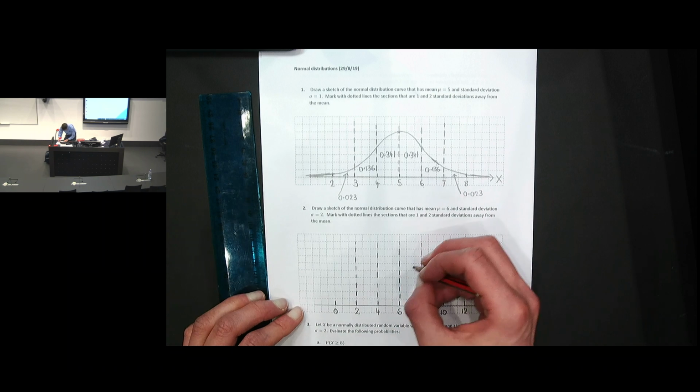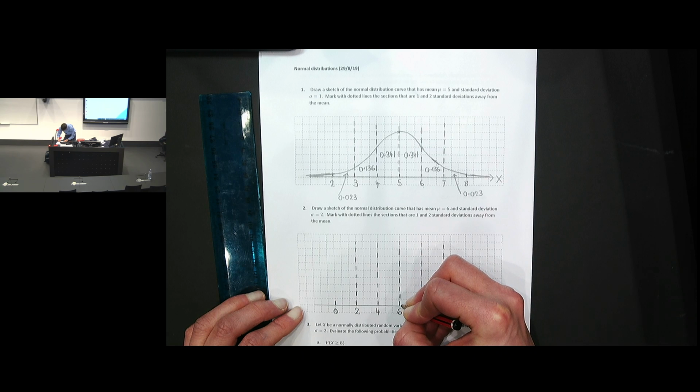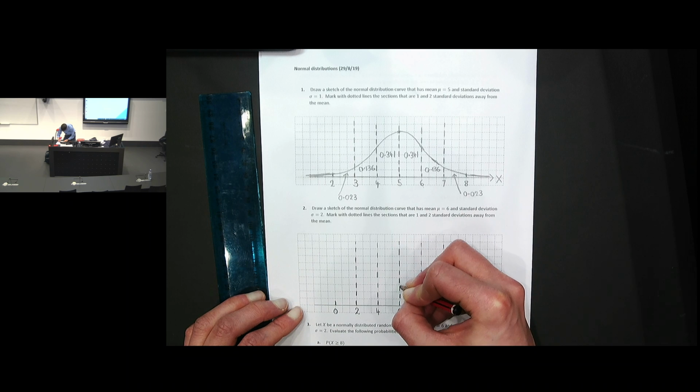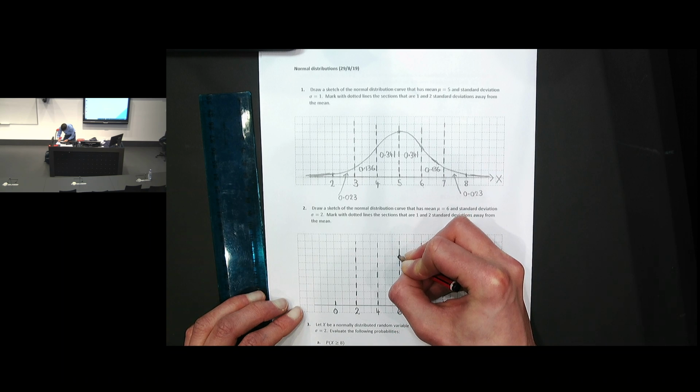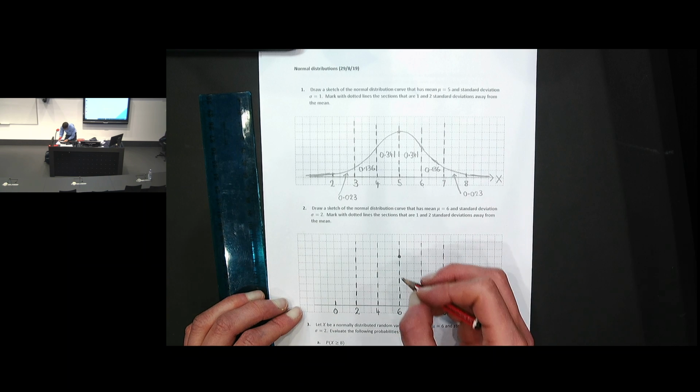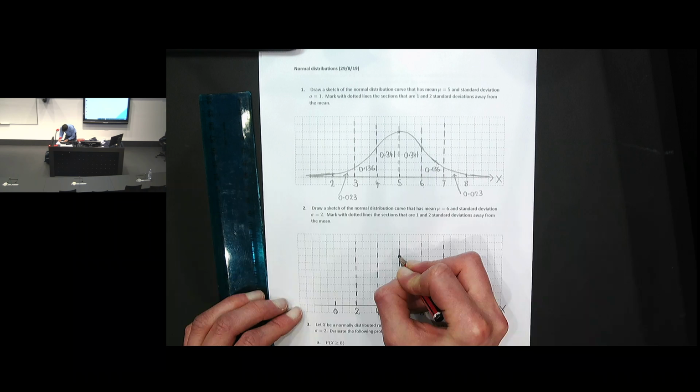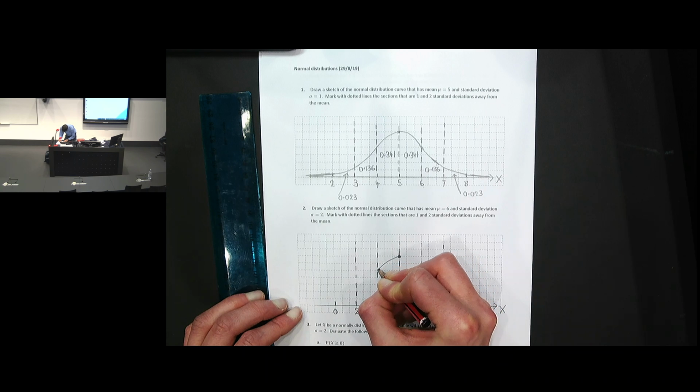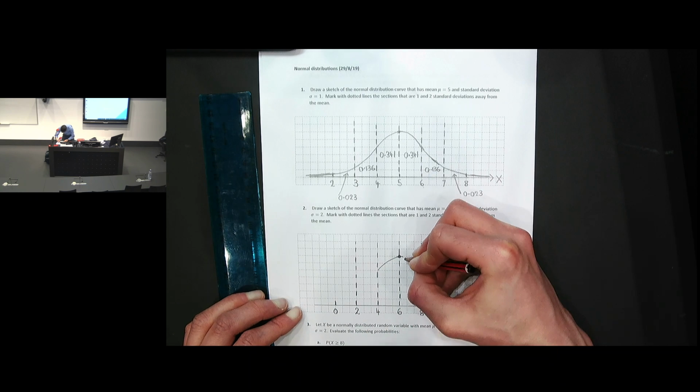So when I draw up my curve, it's going to be exactly as we had before, hopefully. We're going to start by putting the high point there, and then we want to make sure that it curves downwards like this in both directions away from that high point.